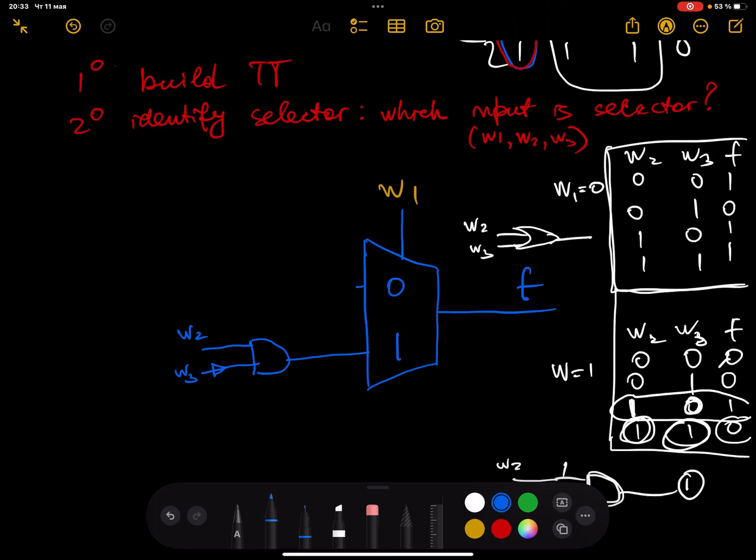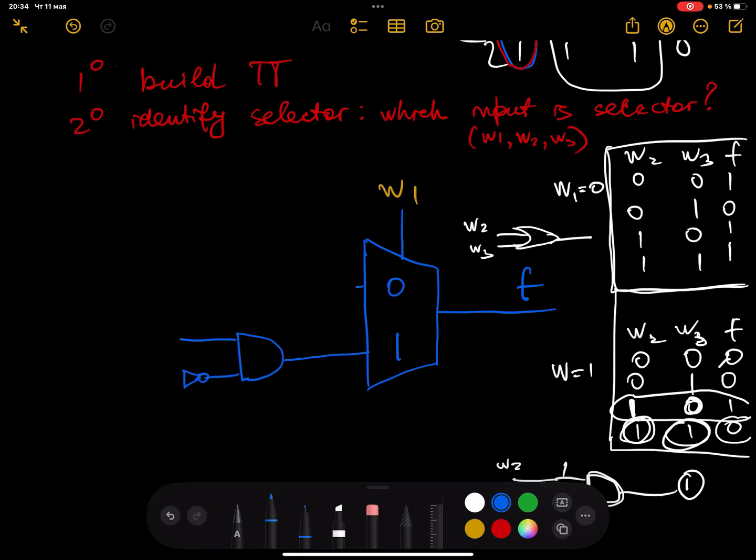Let me draw it a little bigger. Why am I drawing so small? I hope you understand that this process requires some thinking.